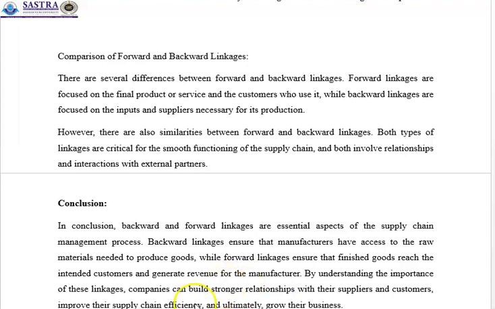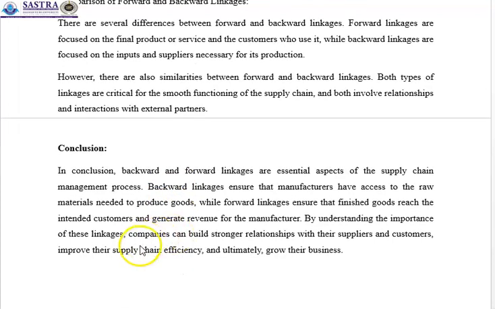So on the whole, in the conclusion, we studied the comparison between backward linkages and forward linkages. Backward linkage talks about the raw material supply to the manufacturer of goods. Forward linkage talks about the manufactured goods which will be supplied to the market for the end users' consumption, which are the essential aspects of the supply chain management process.